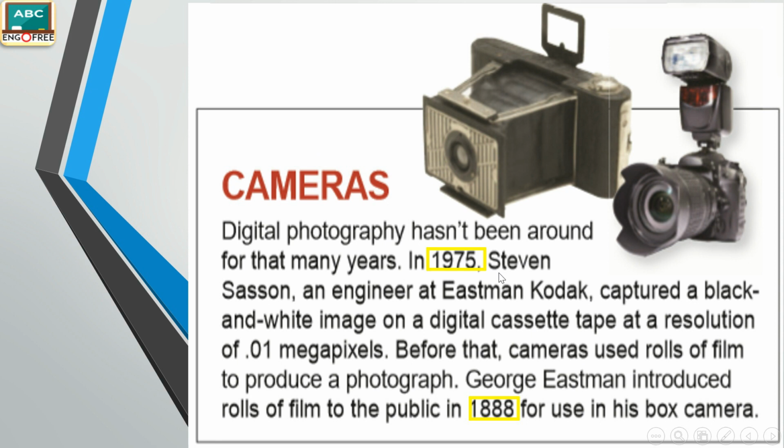In 1975, Stephen Sasson, an engineer at Eastman Kodak, captured a black and white image on a digital cassette tape at a resolution of 0.01 megapixels. Before that, cameras used rolls of film to produce a photograph. George Eastman introduced rolls of film to the public in 1888 for use in his box camera.